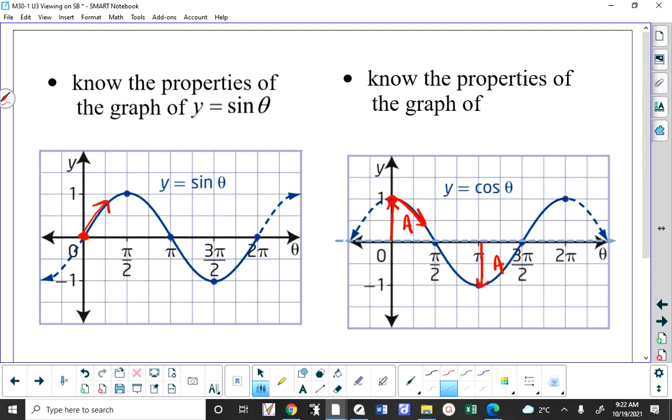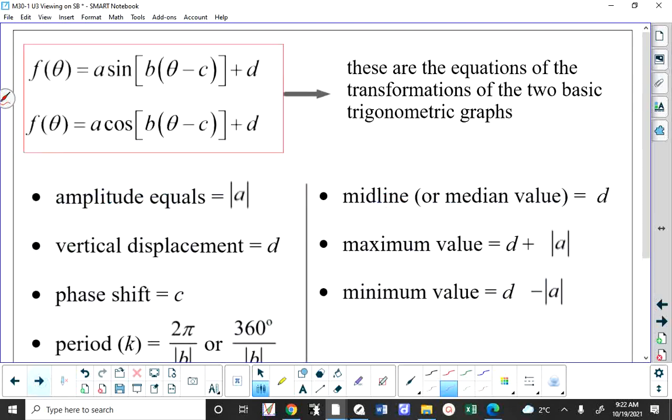What we learned is that if you were to multiply this function by a number, which we call a, that affects the amplitude. And if you were to multiply, in this case, theta by a number, which we call b, that affects the period. So the amplitude, which is capital A, is equal to the absolute value of lowercase a.